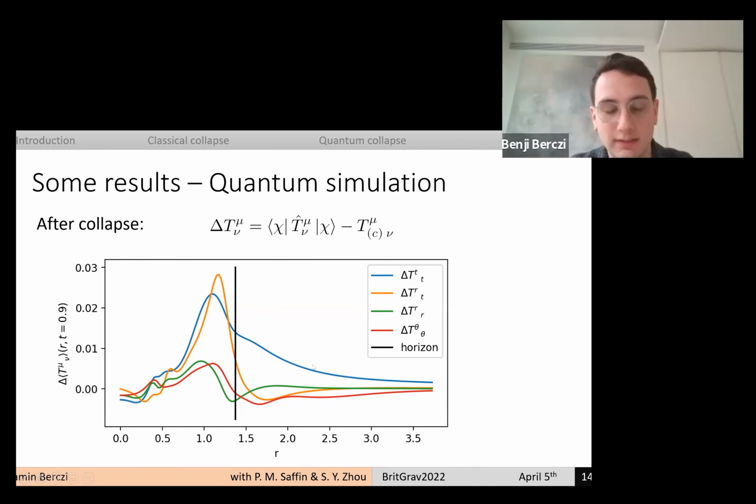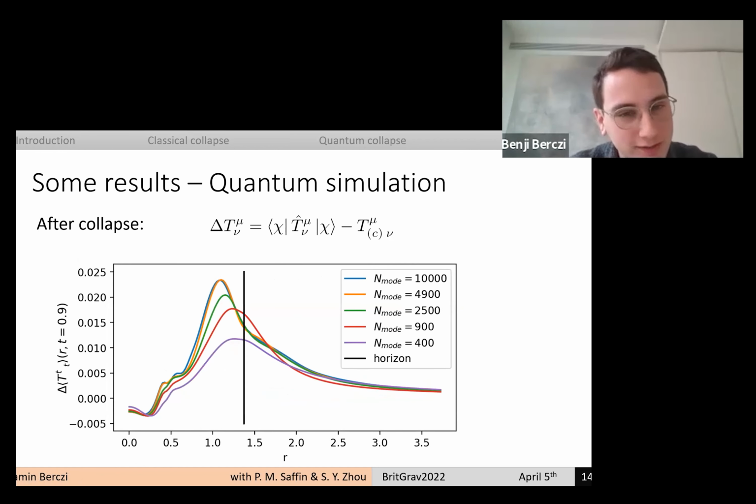And again, we can see that they bunch up around the horizon, but of course, they are quite arbitrary shapes. So we wanted to make sure that we're not seeing just a numerical artifact. So we did this convergence plot where we did the simulation with an increasing number of quantum modes to see if they converge onto some real quantum effect values.